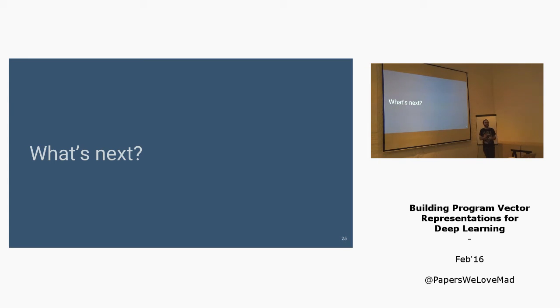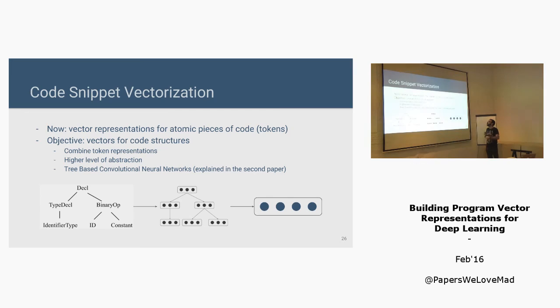We don't even know what we want to extract there. But if you want to extract something, you need to combine those into another vector, because you will need to feed another machine learning algorithm, deep learning, whatever. You need vectors for code structures, so you need to move from tokens to structures. For example, if we had this very simple tree, the declaration has this vector, which is always the same for each declaration, and this binary op has this one.